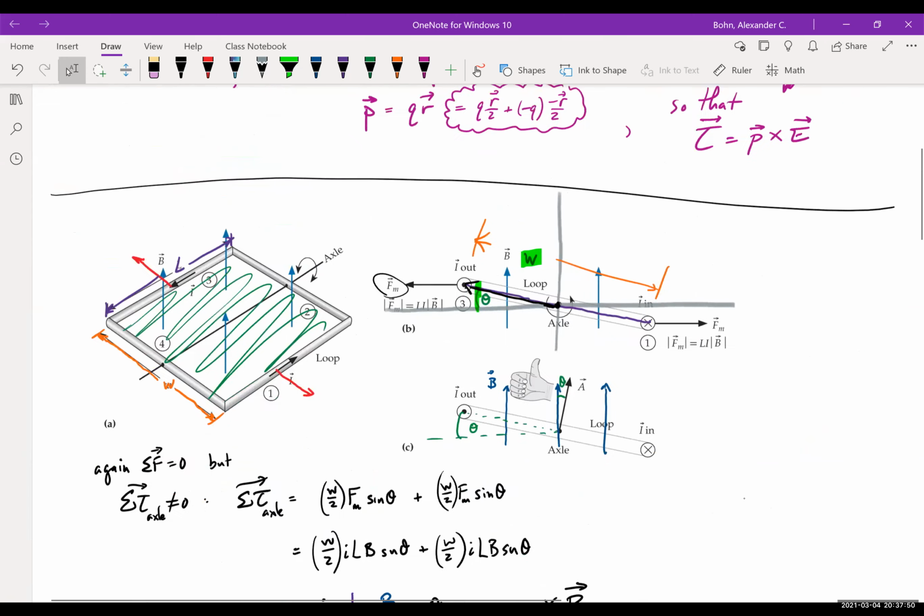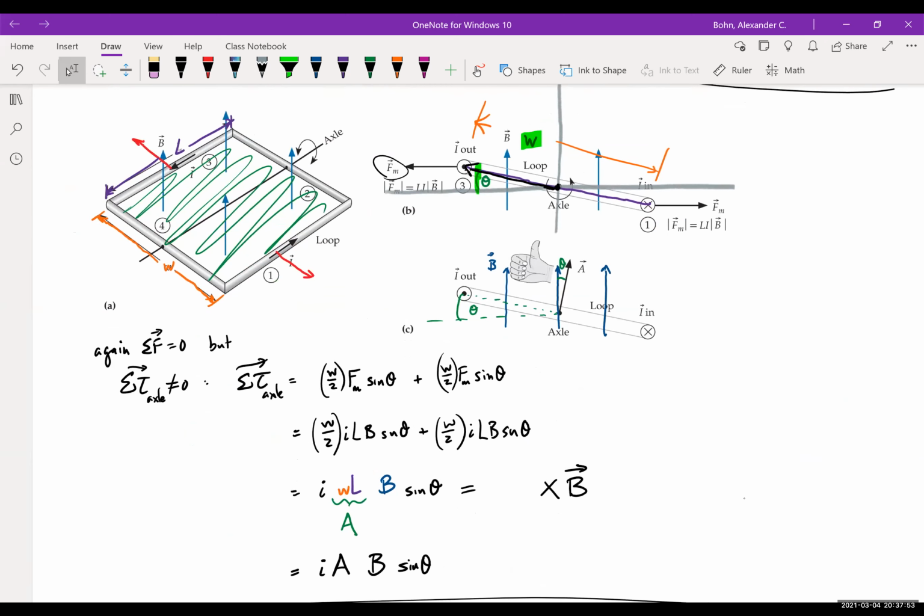And here we're looking at current, basically charge, times area, which is a spatial quantity. We have defined area as a vector before. Tuesday, we were talking about magnetic flux, and we talked about how area is a vector. So if we think about area as a vector, then this looks like area cross field times current.